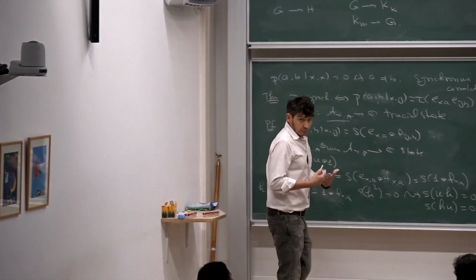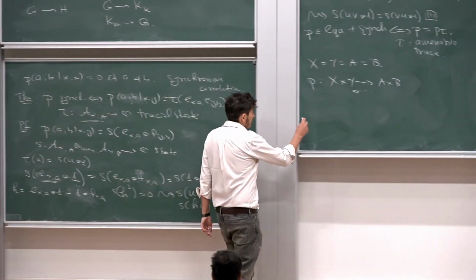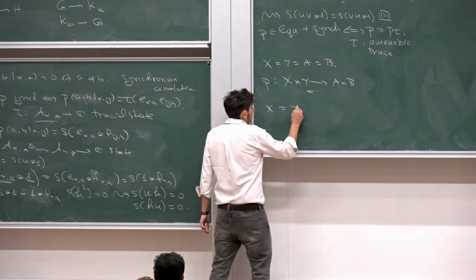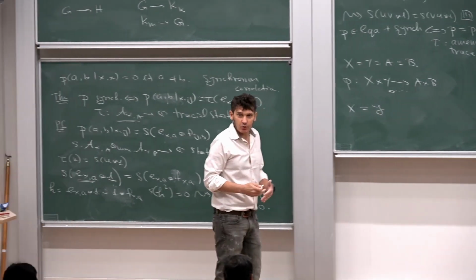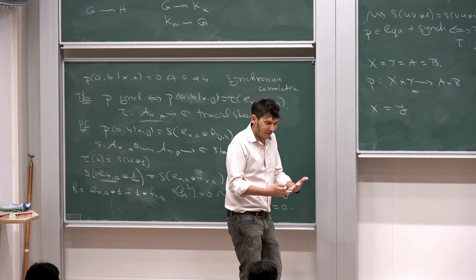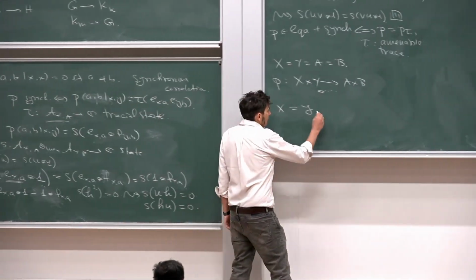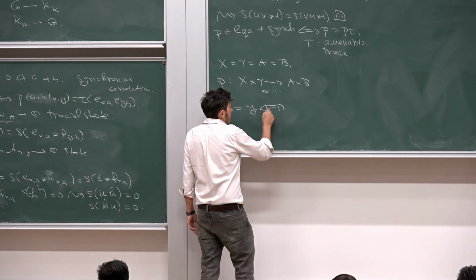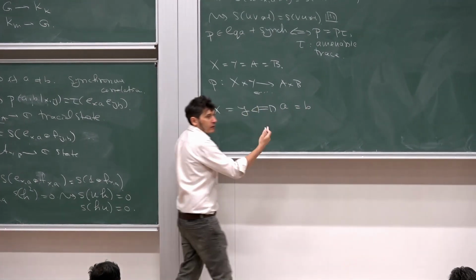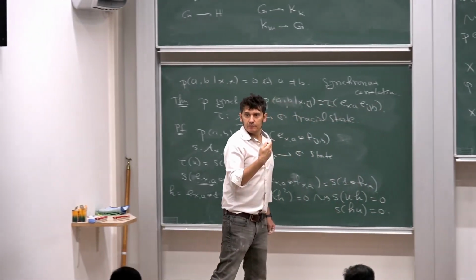Now, if you want to play isomorphism games, then what you would want to have is x equals y as a special case, right? Before going to the graph, before having any graph there, you want to have x equals y precisely when a is equal to b. Not only in one direction, but also in the opposite direction.